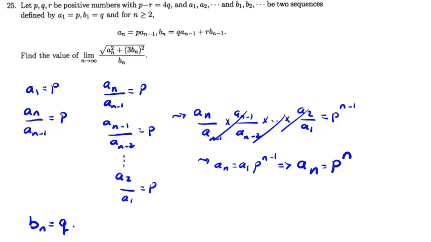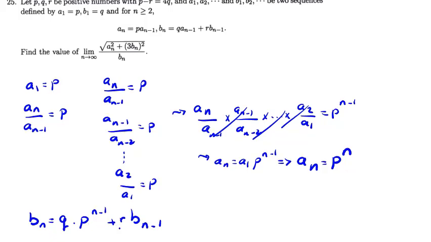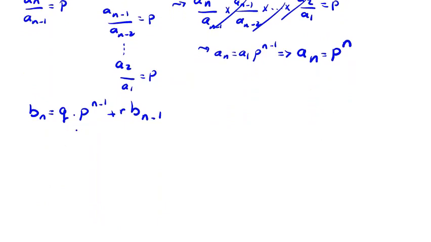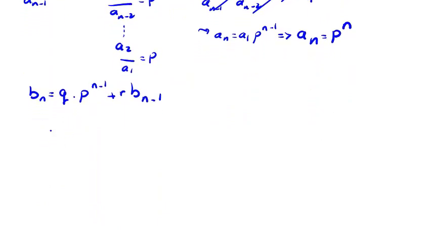Now let's write bn. bn equals q times p to the power of n minus 1 plus r times bn minus 1. We want to find b in terms of r, p, and q. How? We define c equals bn over r to the power of n.